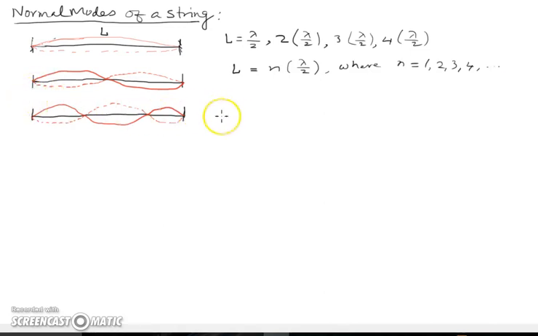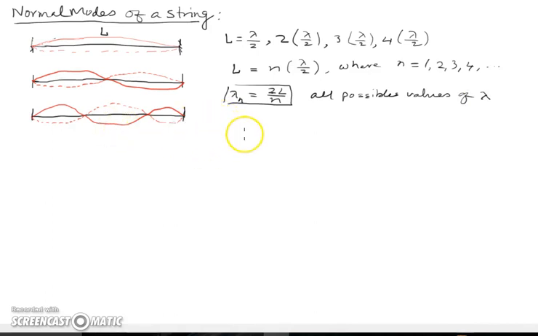Yeah, so I can write lambda n will be equal to 2L over n. So this equation gives you all possible values of the wavelength in that string, right?